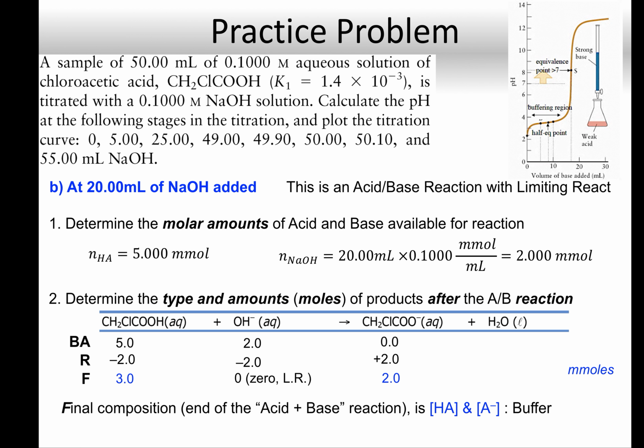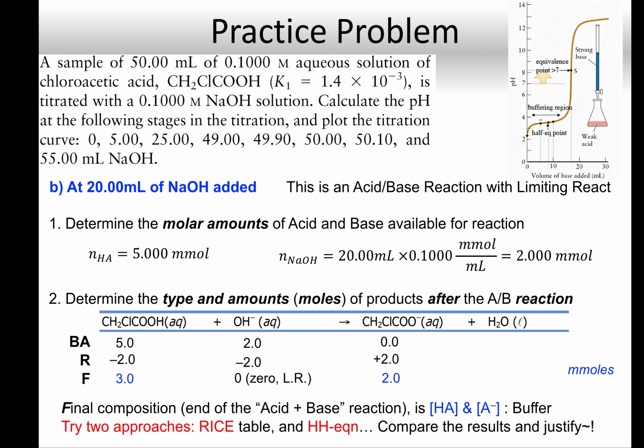Now the question again is, can we use the HH equation to calculate the pH of this buffer? I want you to try these two approaches. Use the HH equation, assuming that this is a buffer and you are in certain conditions that allow you to be in this buffering region where the pH is given with good approximation by the HH equation, but also do the RICE table to confirm that if the HH equation works, then doing it with the RICE table should give you pretty much the same result.